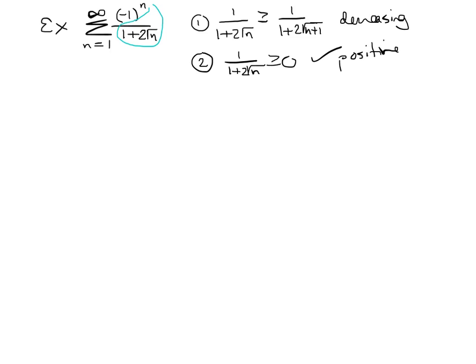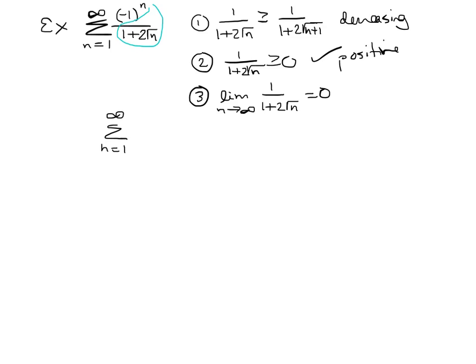And then we've got to find a limit. So thirdly, if we take the limit as n goes to infinity of 1 over 1 plus 2 root n, that is equal to 0. We have our 3 things, so this series converges.